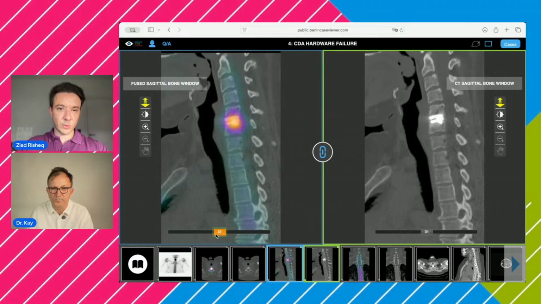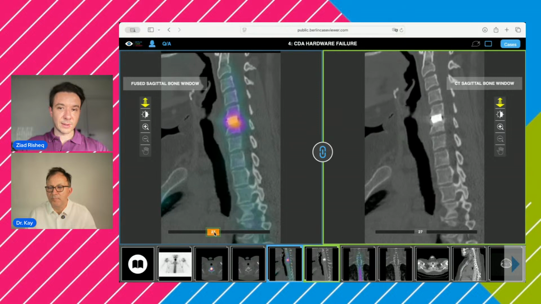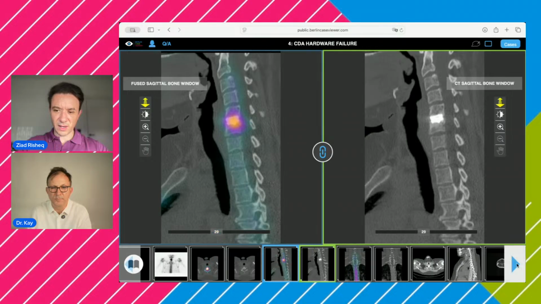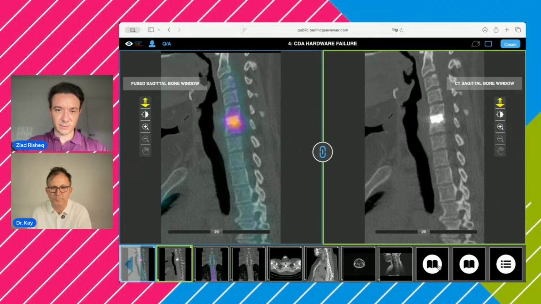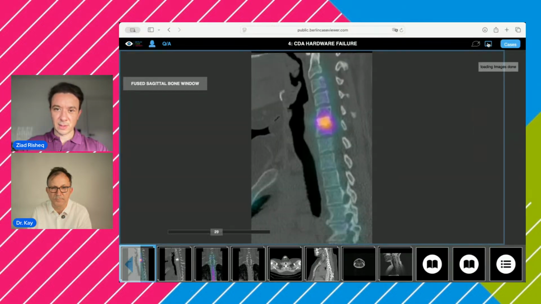So this is the bone window, and here you can see the cervical disc hardware, and there is intense uptake involving the superior end plate. This was C5, I think. Let me just check very quickly. C6, sorry, this was C6.